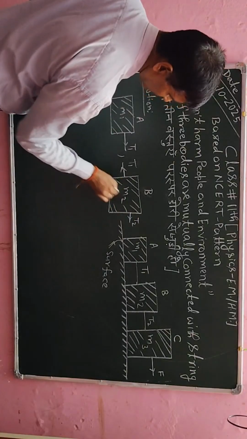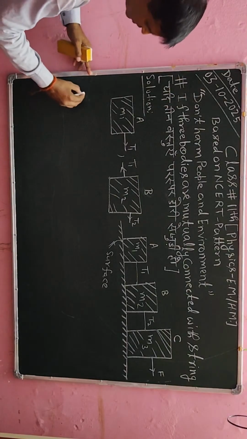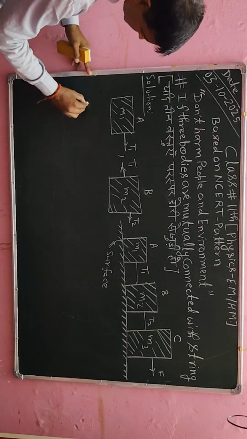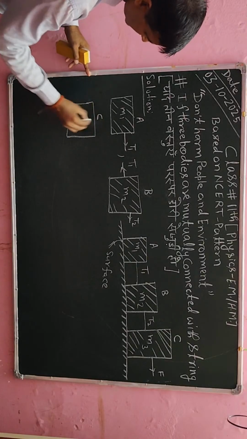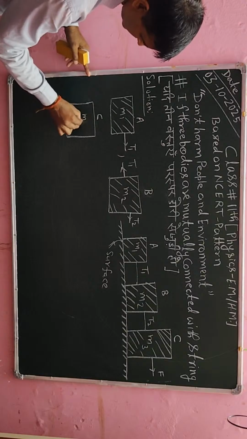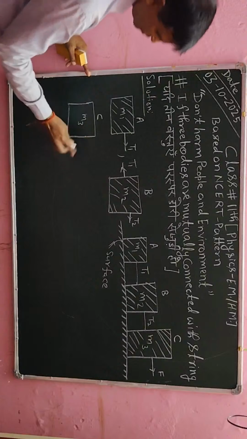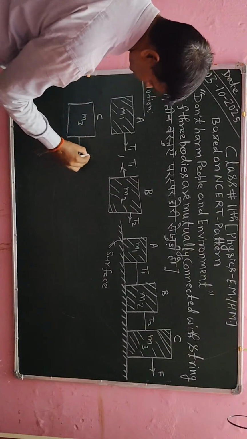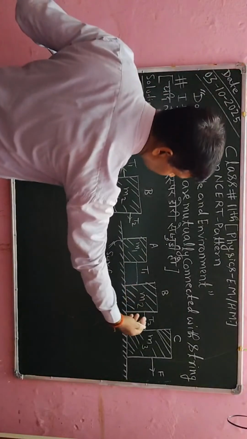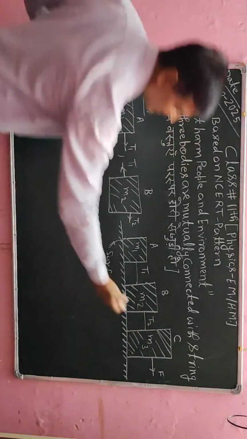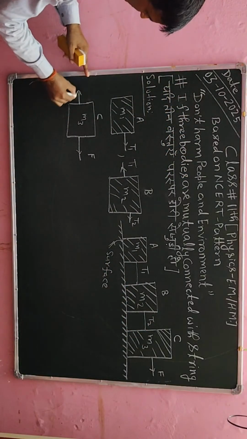Similarly, I will write the information for the third body. The third body I can also draw like this. This is the body whose name is C, and its mass will be m3. Now one force I have applied here, with which the object is moving in the forward direction, but one force will be in the downward direction, the backward tension force T2.